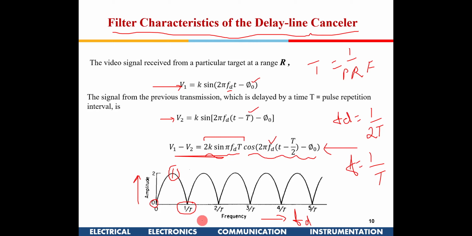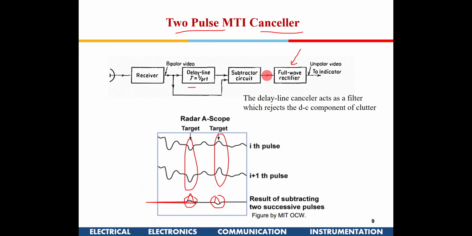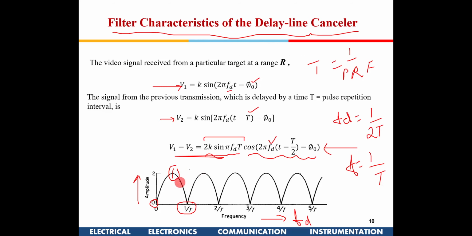What does it mean? That means as the velocity of the target increases, this output signal which is available here increases and then comes to zero. Again it increases, it comes to zero. These are known as the blind speeds.